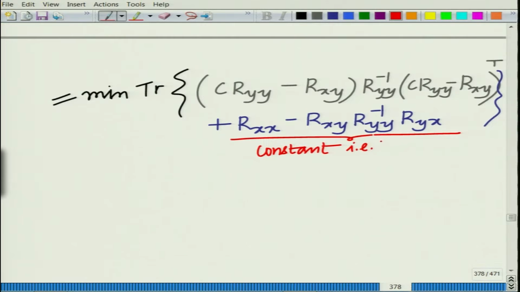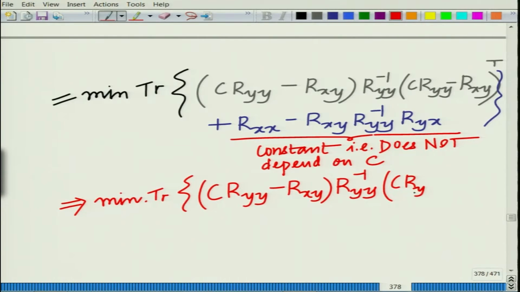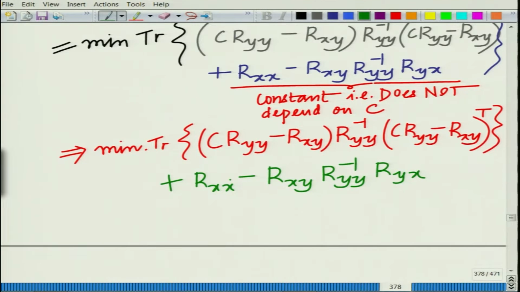So this does not depend on C, and I can write this as: minimize the trace of C r y y minus r x y, times r y y inverse, times C r y y minus r x y, transpose, plus r x x minus r x y r y y inverse r y x, which is a constant.